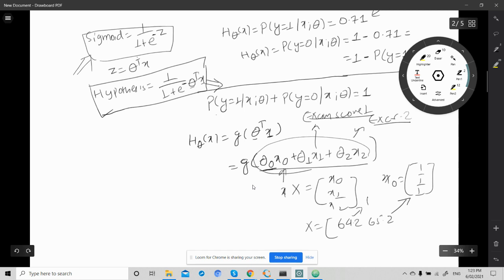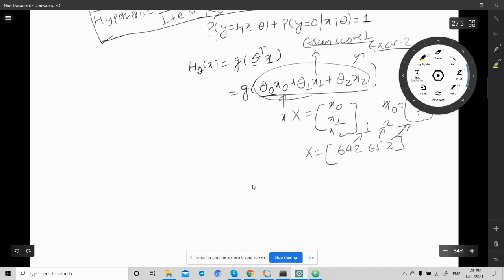This is for score 1, score 2. So I will be writing an equation where we will append 1, so that we can populate this with 1 and our 64.2, 65.2, and so on, again 1, 34.5.